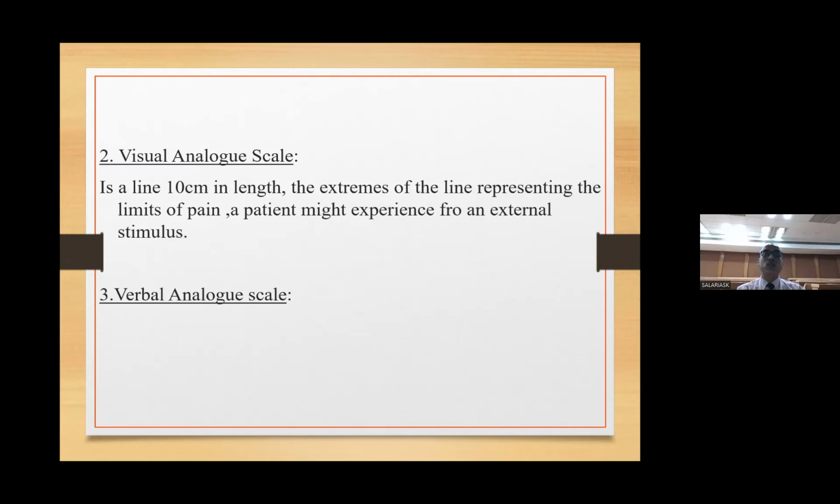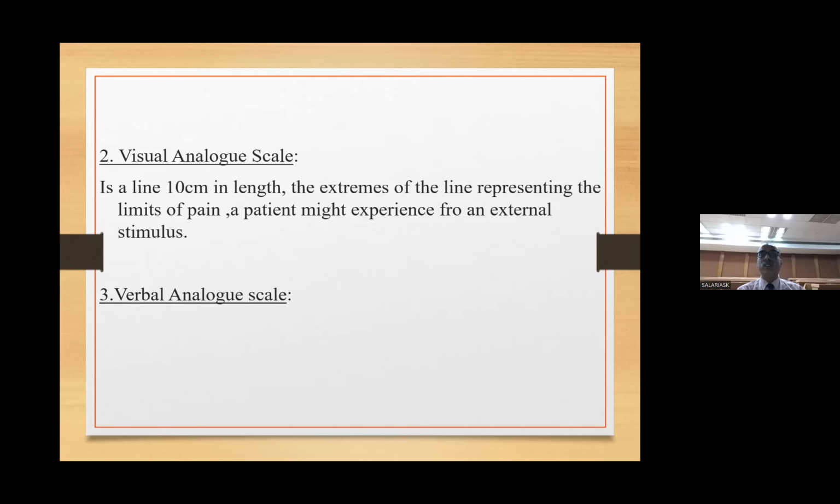The other is the visual analog scale, in which the patient can see a scale of 1 to 10 and tell the limit of pain, that is, how many marks out of 10 he would award the pain experienced from external stimuli. The verbal analog scale is similar to what we will discuss in the next session.